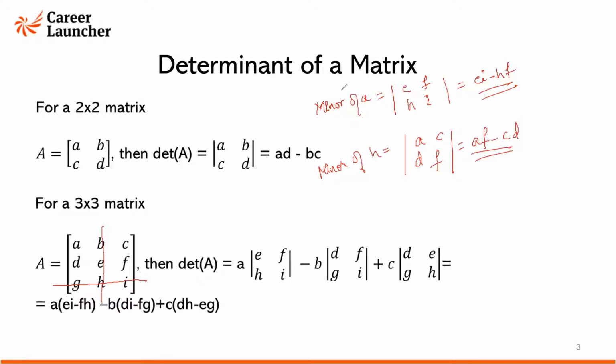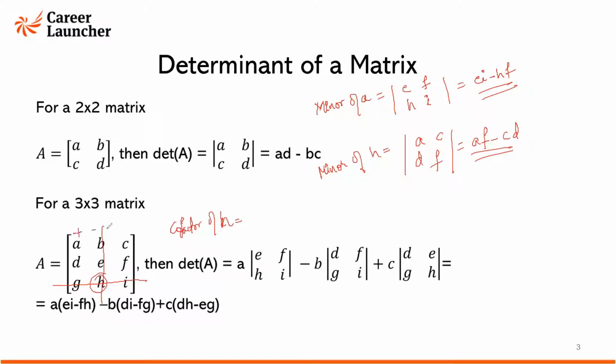Right. So now, if you combine this with your knowledge of cofactor, and if I ask you what is the cofactor of H, let's say, then remember H is here.